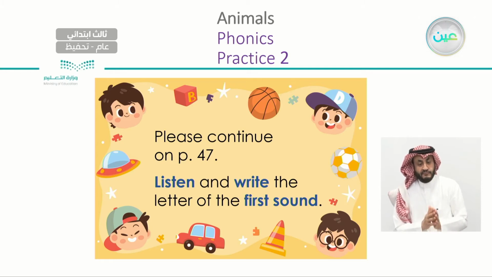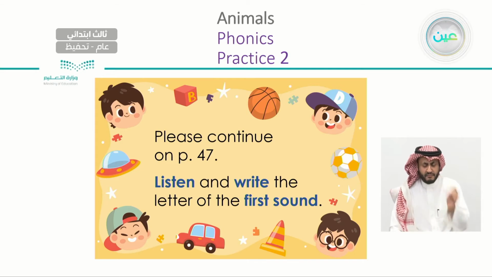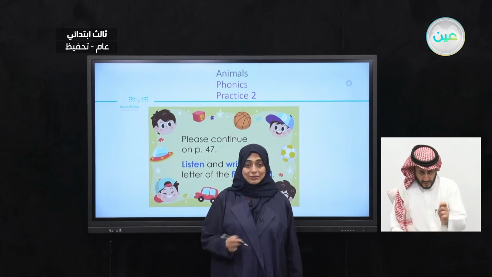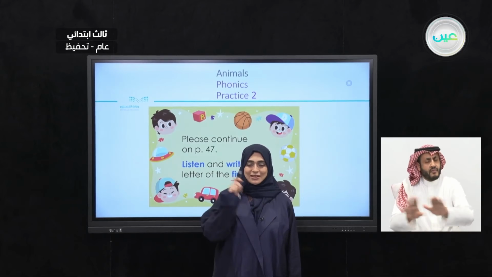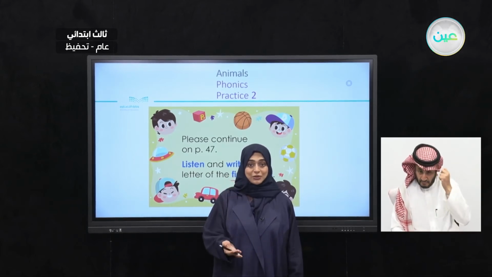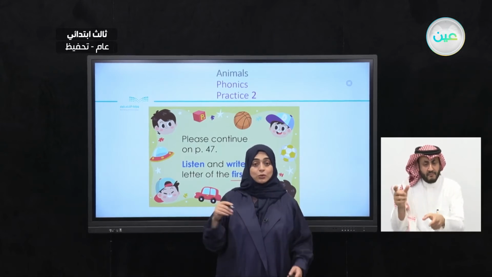Now on page 47, boys and girls, we are going to listen and write the letter without tracing. It's going to be the first sound, but I am sure that you can write the whole word with me. Why? You know all the letters now, right? Now let's mix and match sounds in our brains, right? Because you're smart. You know you can do this, right? And then put them together, and we can write the whole word, okay?